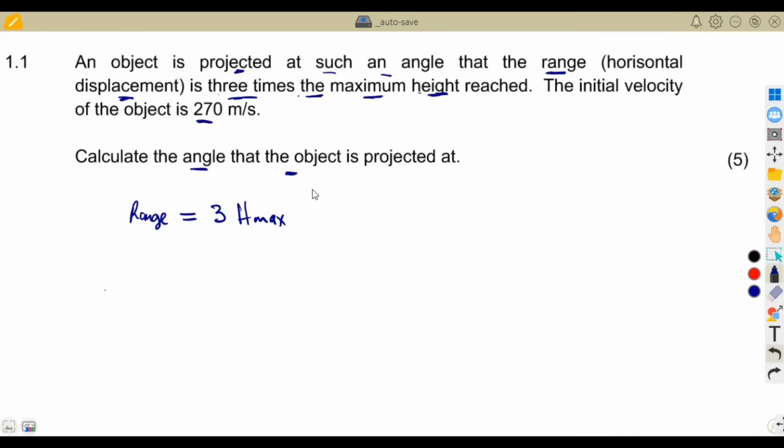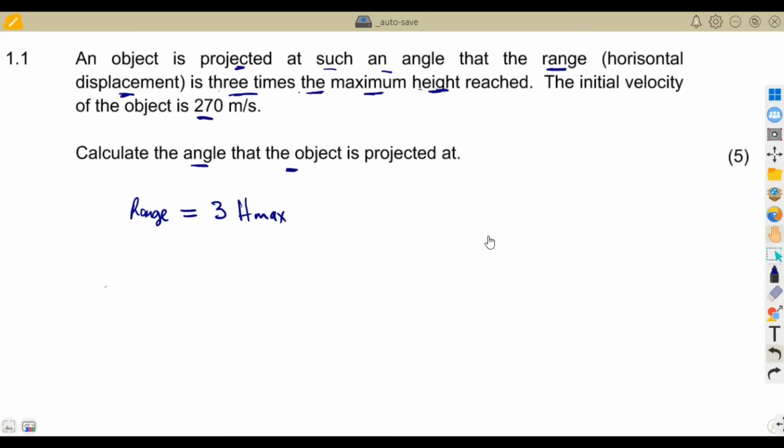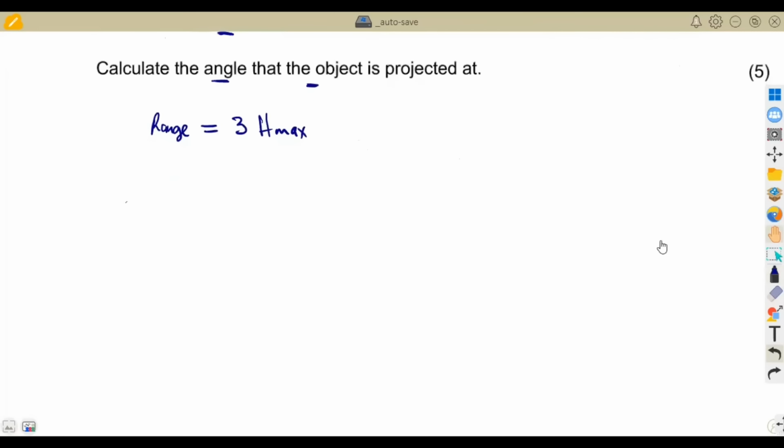Remember, what is it that we know about these two? We talked about the range before, and I said the range is our horizontal displacement, which you can write as u squared sine 2 theta over g. You see those formulas now, how useful they are. This is what we know. It is equal to 3 times the maximum height.